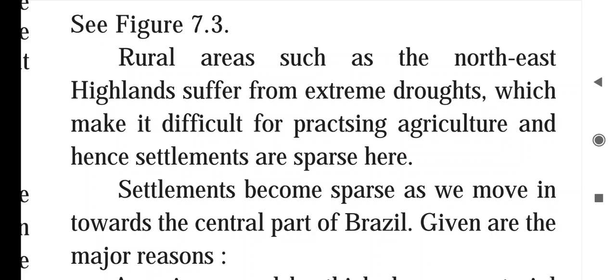So due to that, people suffer, which makes it difficult to practice agriculture, and hence settlements are sparse here. If a drought region is there, means no rainfall for years, then how is agriculture possible in that region? So there are a number of problems for practicing agriculture. That's why people are not giving preference to live in that region. So there we will find sparse settlement.